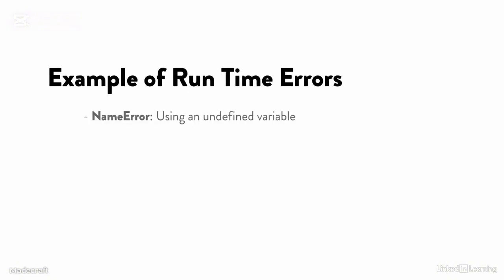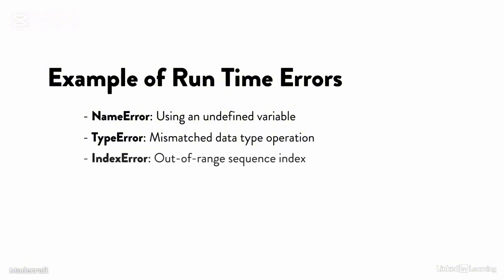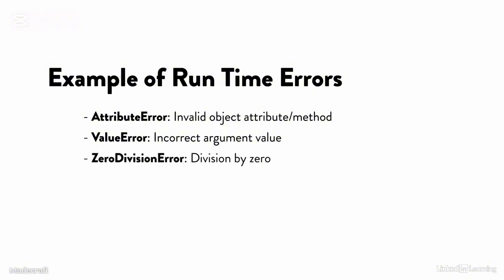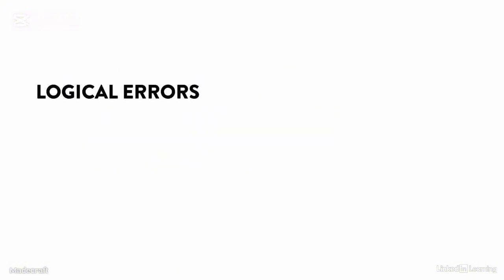Examples include referring to a variable before defining it, name error, applying an operation or function to the wrong type of data, type error, accessing an index out of a sequence that's out of range, index error, accessing an attribute or method of an object that does not exist or is not defined for that object, attribute error, calling a function with the proper argument type but with the wrong value, value error, and trying to divide a number by zero, zero division error.